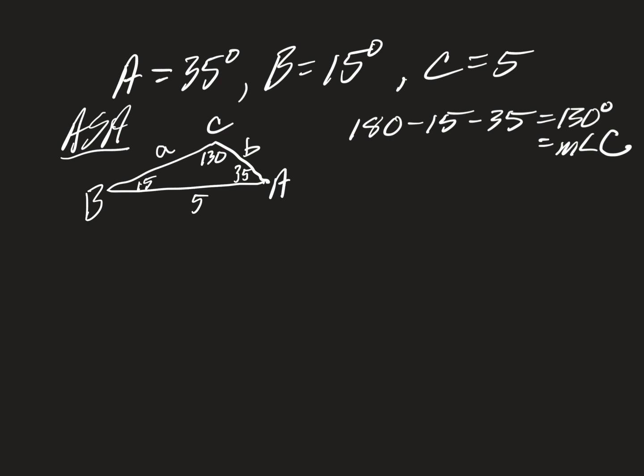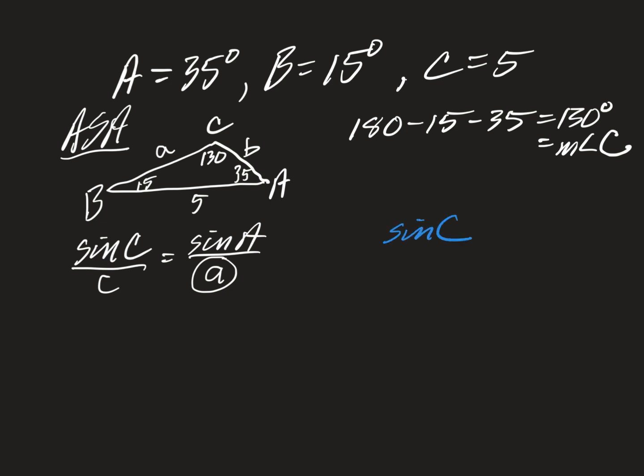So we know the side opposite angle C, so we can do sine of C over C is equal to the sine of A over A, and that'll help us find A. And then we can do the sine of C over C equals the sine of B over B, and that'll help us find B.